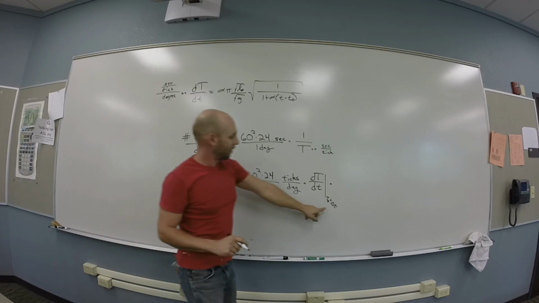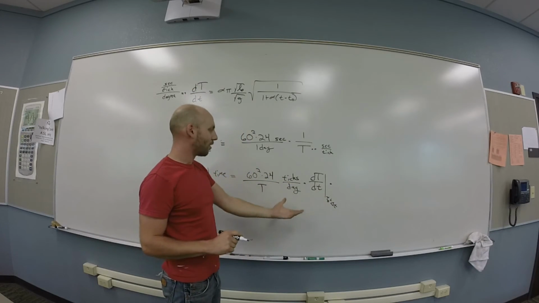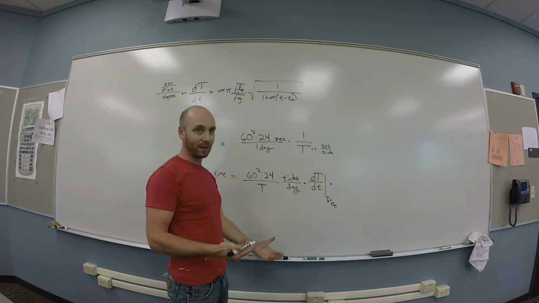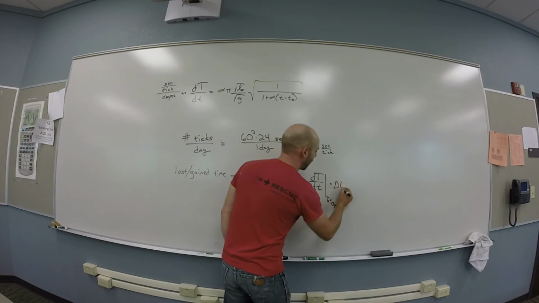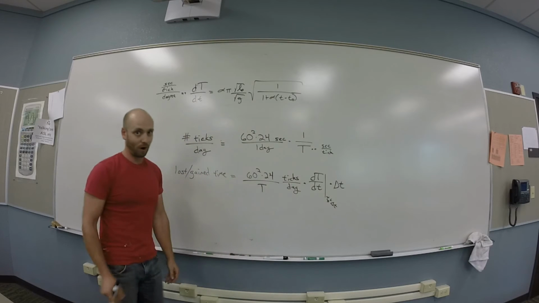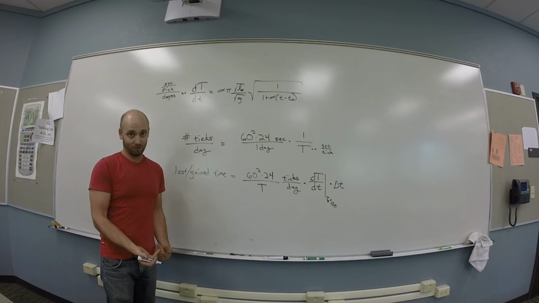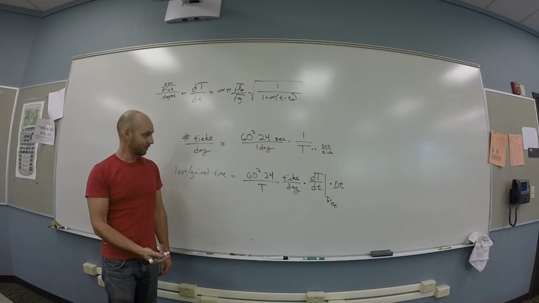So I need to evaluate that thing, and then I need to multiply by how far we went, so I need to multiply by delta t. That's how far we went in the change in temperature direction.